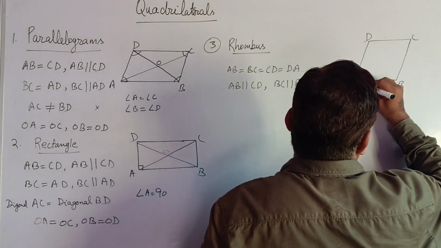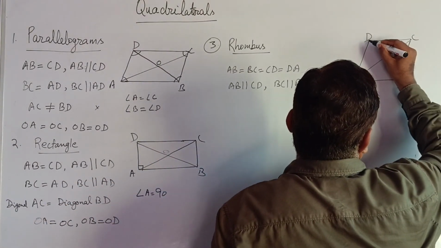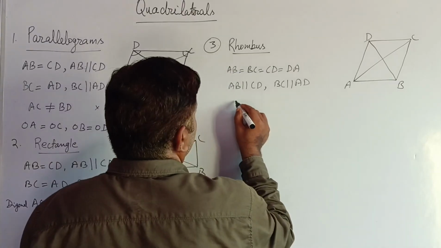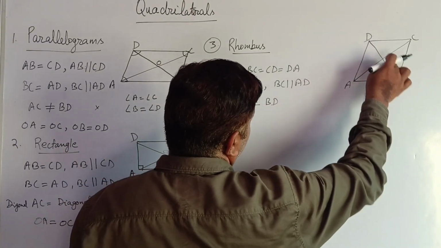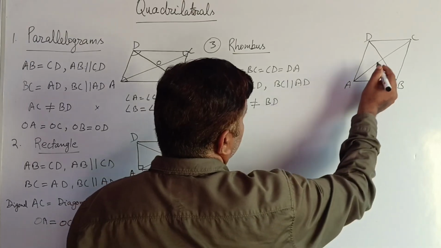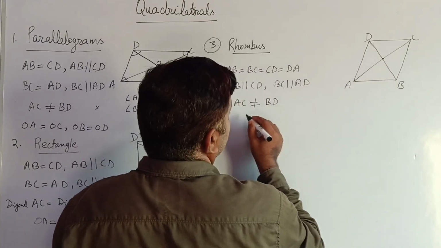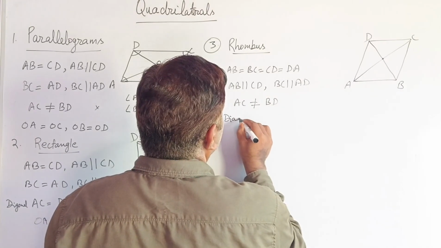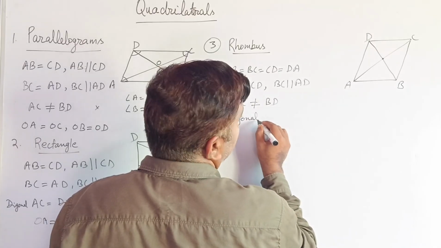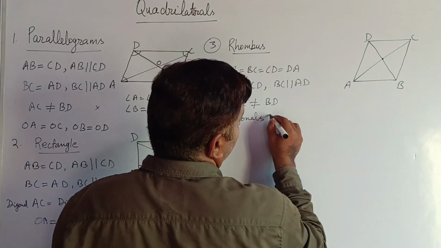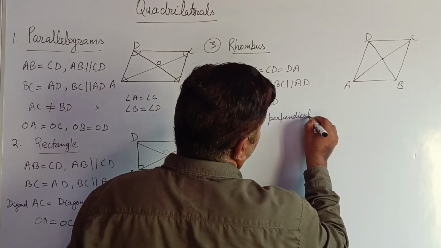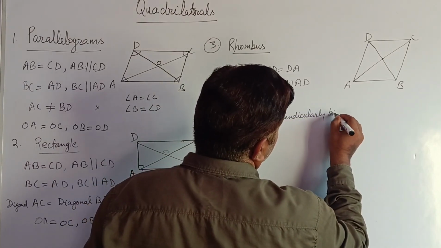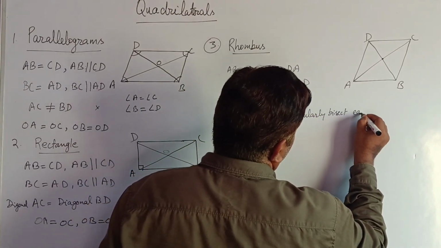The diagonals are not equal. AC will not be equal to BD. But the diagonals perpendicularly bisect each other.